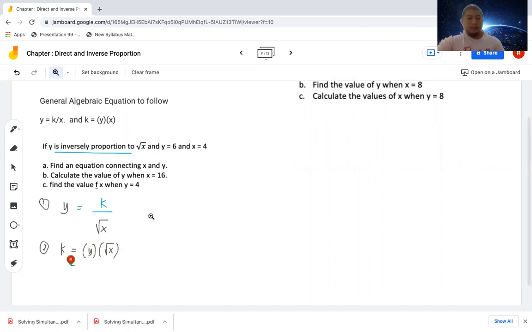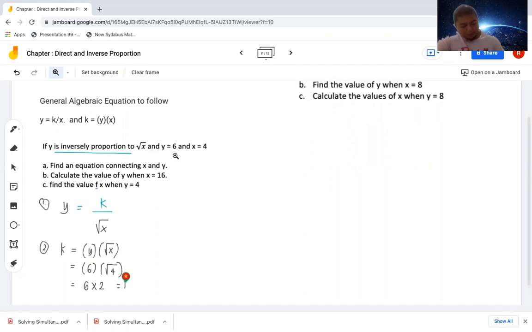In this case, the value of k will give you y times the square root of x. If the values of y and x are 6 and 4, this is going to give you a calculation of y, which is 6, times x, which is the square root of 4. So this is 6 times 2, which is 12.